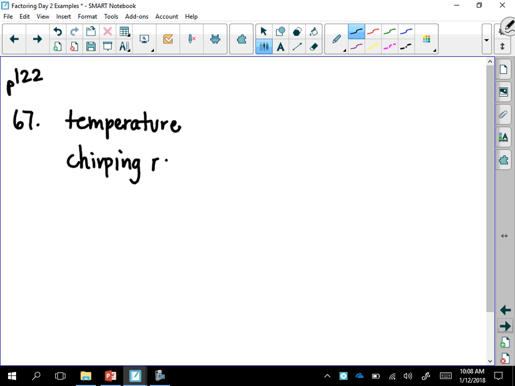And of course, you always have to define one is the independent and one is the dependent. In this case, which would be which? What would be the independent variable? Temperature. Okay, so we'll treat that as x, and the chirping rate is y.